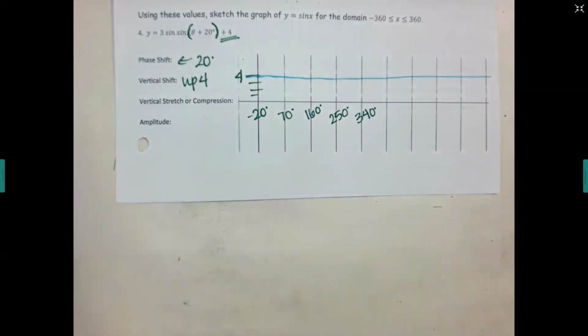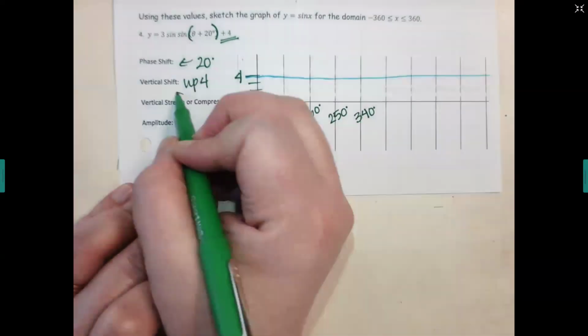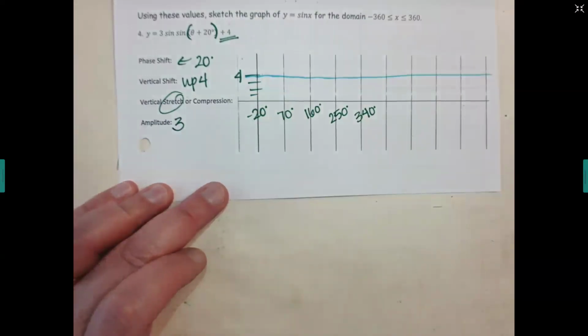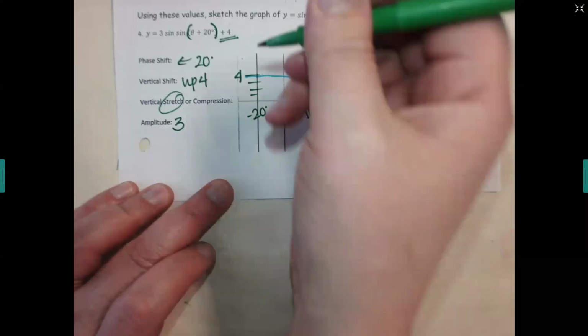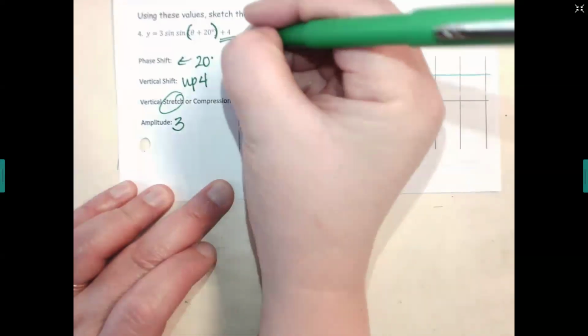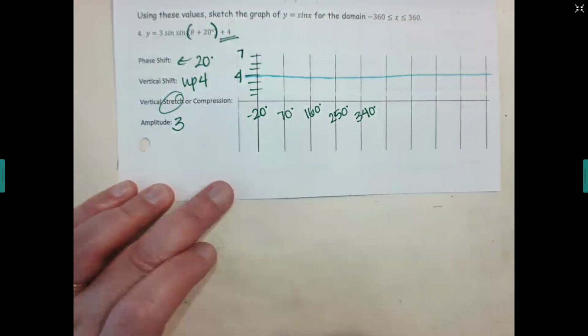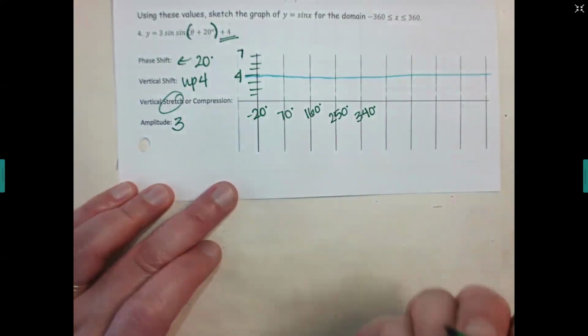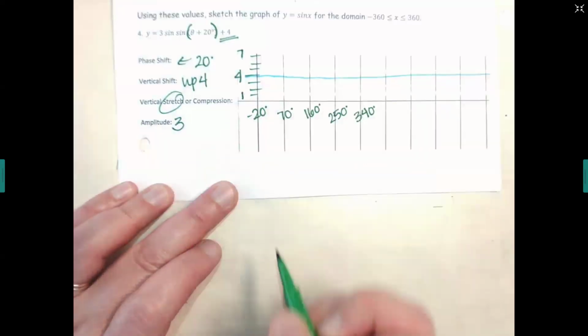Is that a stretch or a compression? Stretch. And then I'm going to start at my 4 and I'm going to count up 3 to see where the top of the wave is going to reach, and then down 3 to see where the bottom of it's going to reach. So up 1, 2, 3 means 7 is my high point. What will my low point be? 1 is correct.